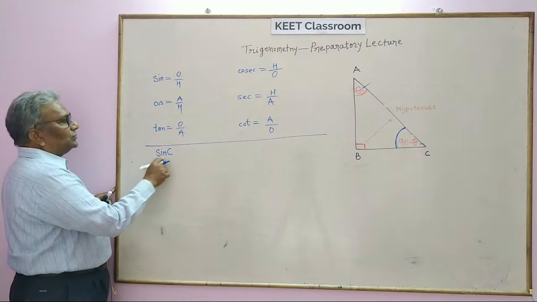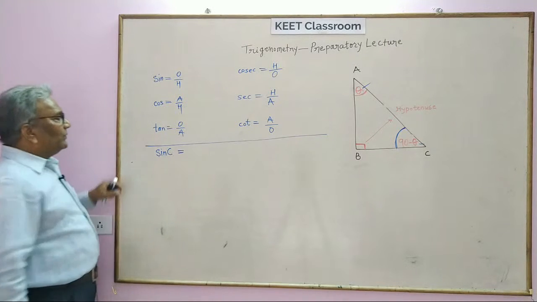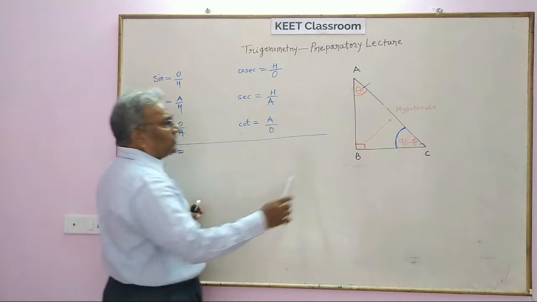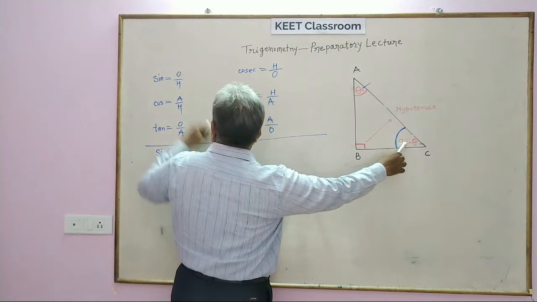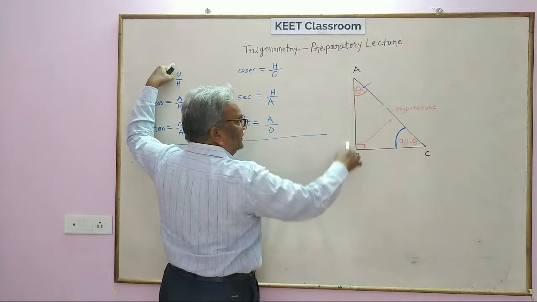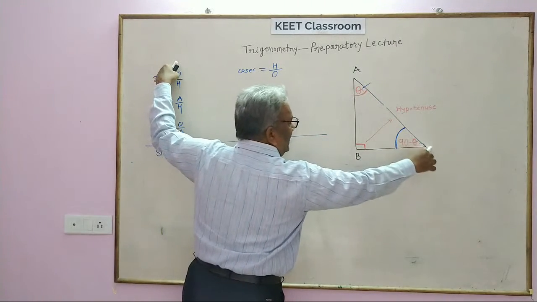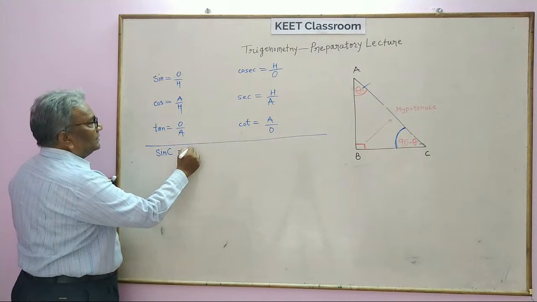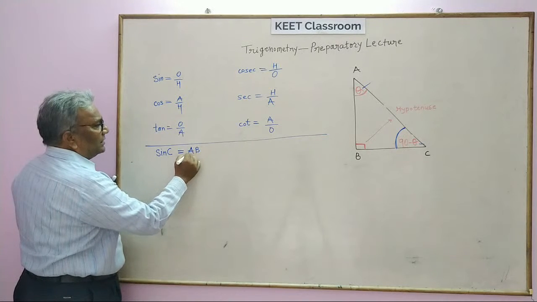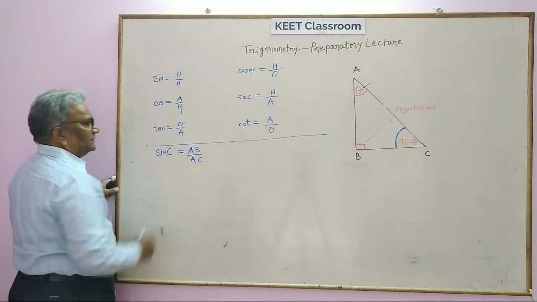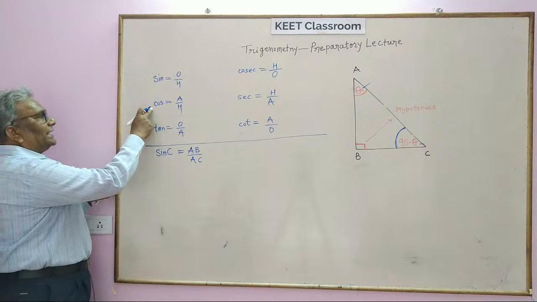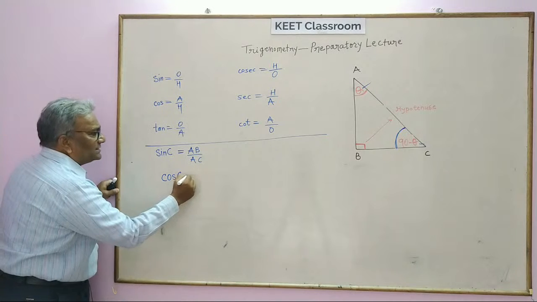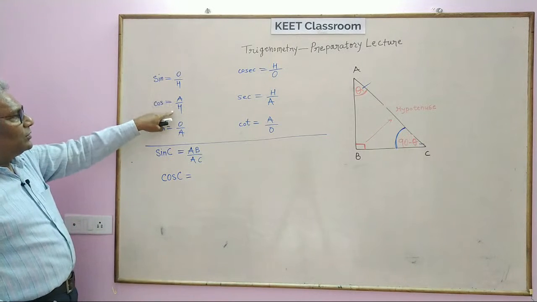For the sine ratio, when we compare, sine is opposite upon hypotenuse. So for your angle C, what is the opposite side? AB, and the hypotenuse is AC. So here we have AB upon AC. Similarly, taking the cos ratio of angle C, it is adjacent upon hypotenuse.